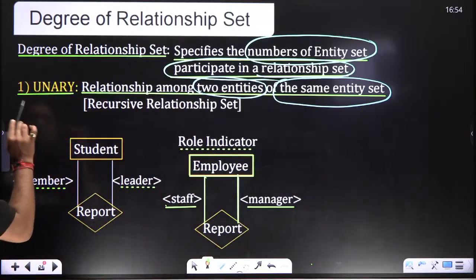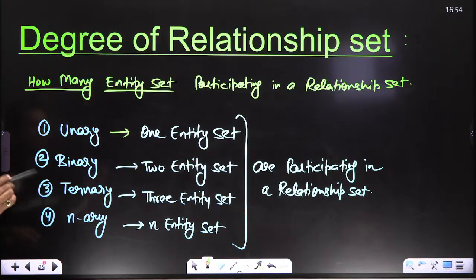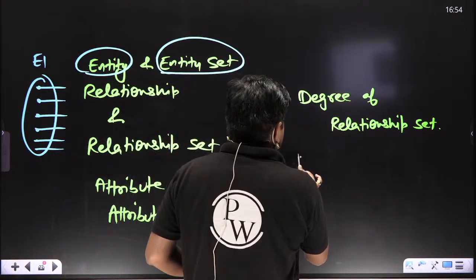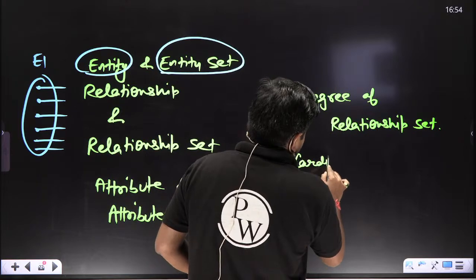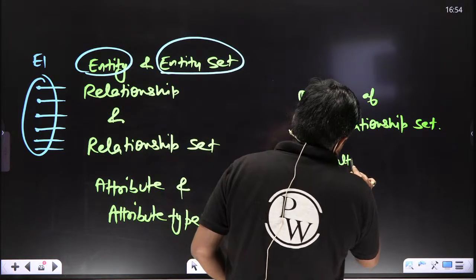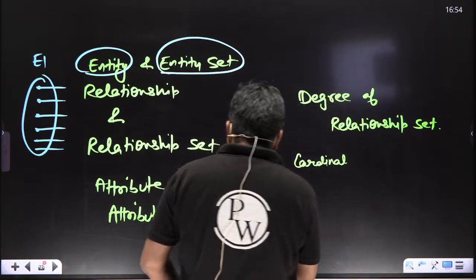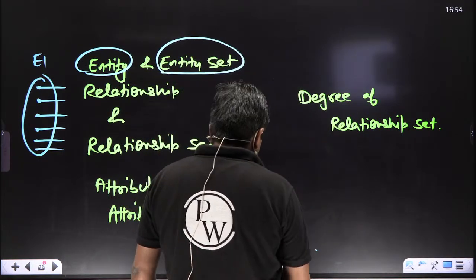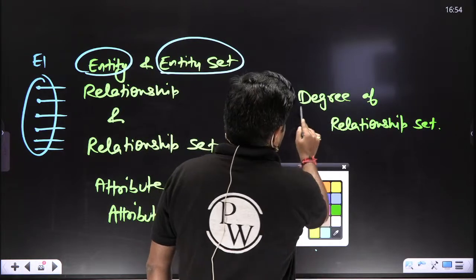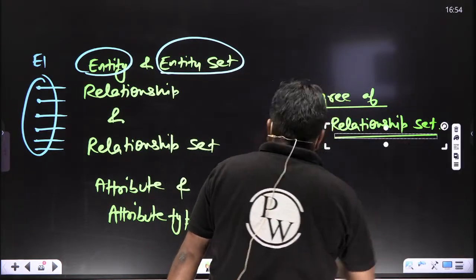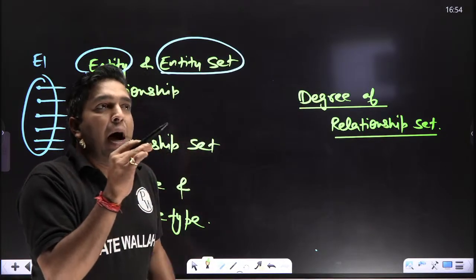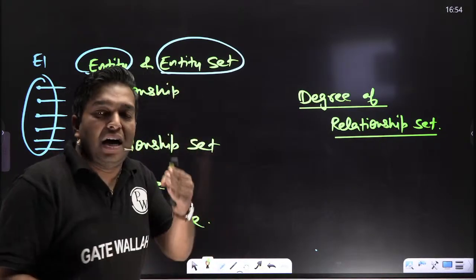There are various terms. One term is degree of relationship. Second, cardinality ratio. A cardinality constraint. First of all, degree of relationship indicates how many entity sets are participating.